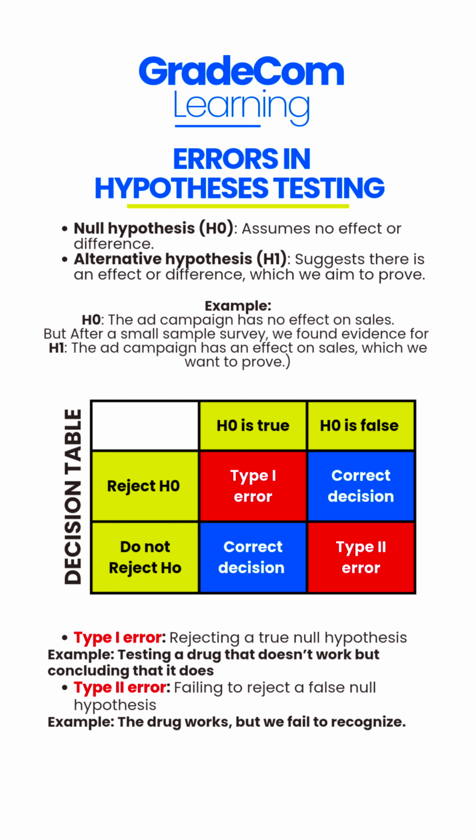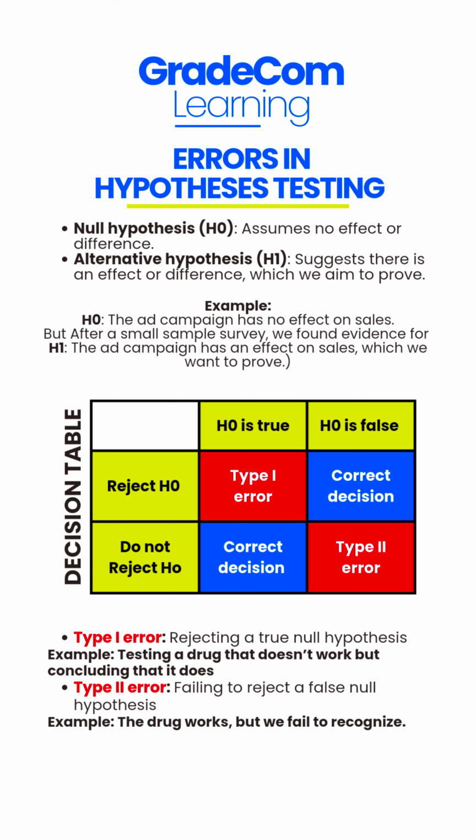Before we start learning about these types of error, let's quickly recap the basics of hypothesis testing. Hypothesis testing is a way to make decisions using data. We start with two statements: null hypothesis and alternative hypothesis.